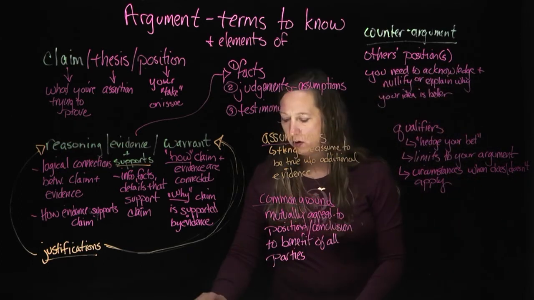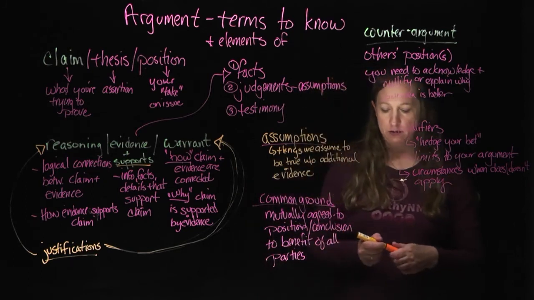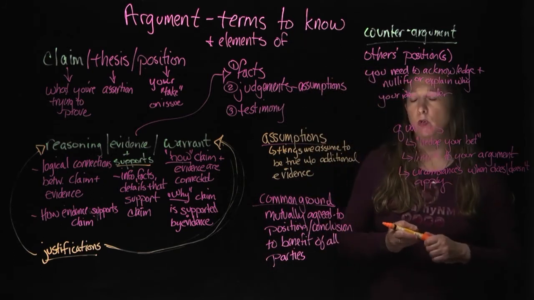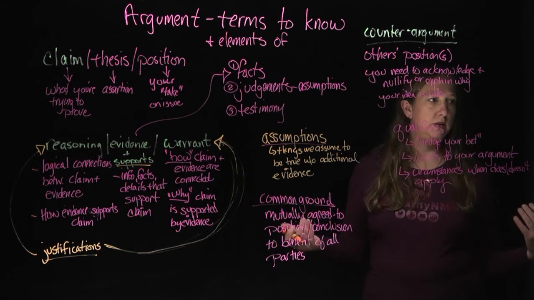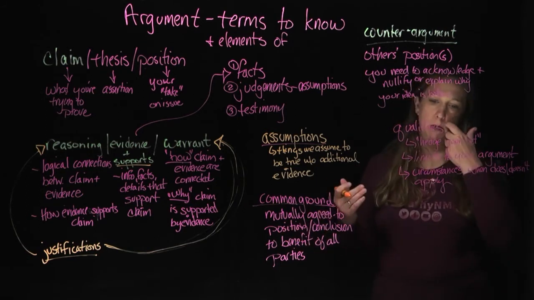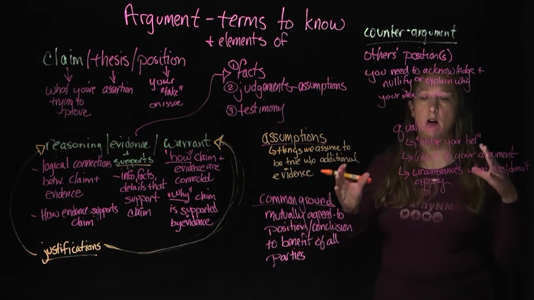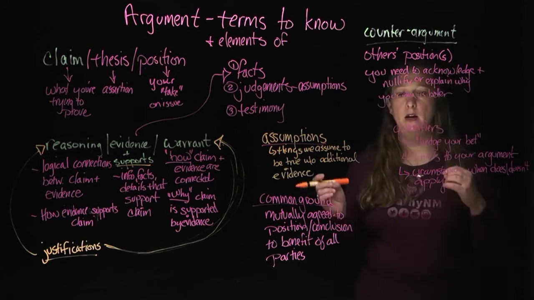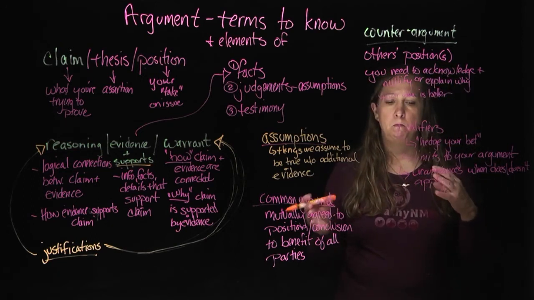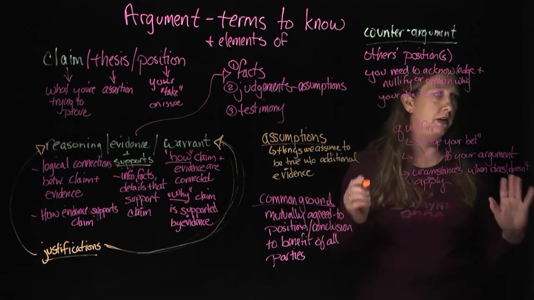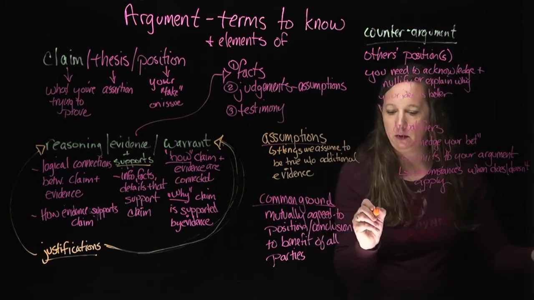When we get to a conclusion in our arguments, we may hear words like implications or discussion or results or outcome. Again, these are connected ideas, but not necessarily the same thing. So let's go through this.